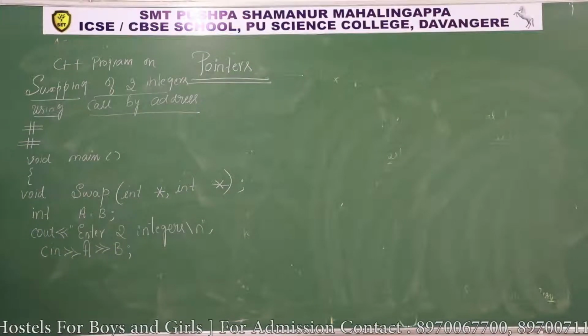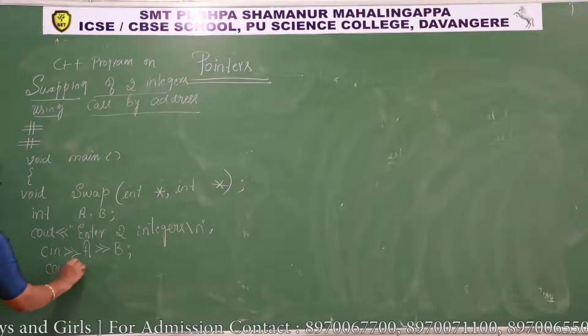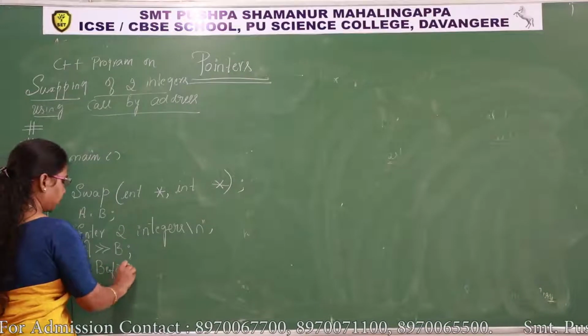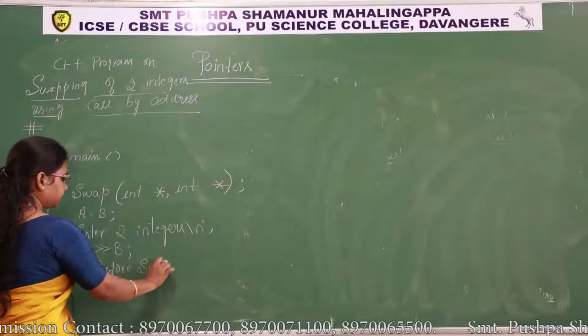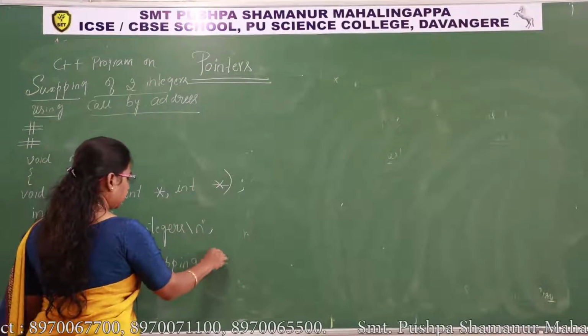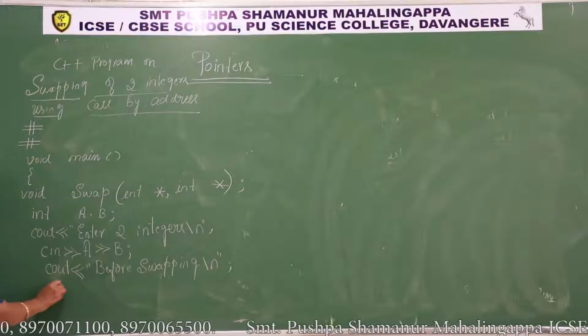Now let us display before swapping. cout insertion before swapping. Let us display the values of a and b.